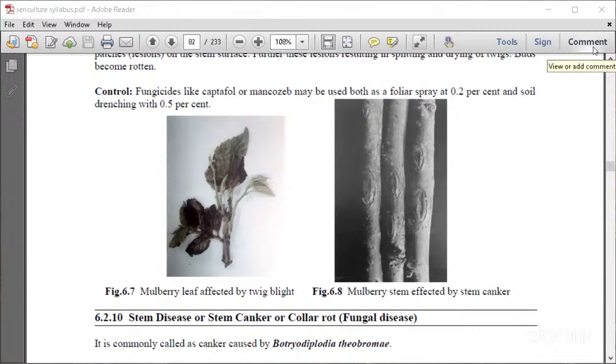The next one is root knot nematode disease, a parasitic disease caused by Meloidogyne incognita. This is a nematode. It has three stages in its life cycle: egg, larva, and adult.